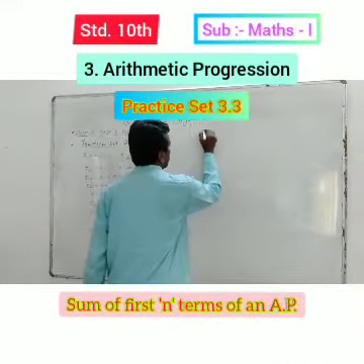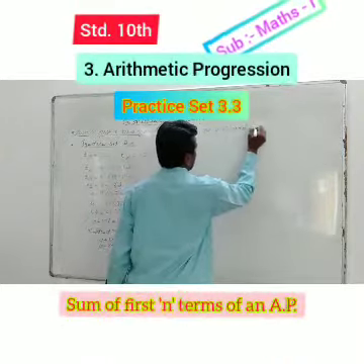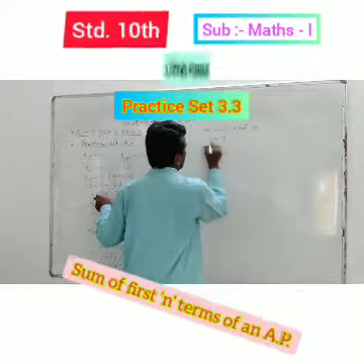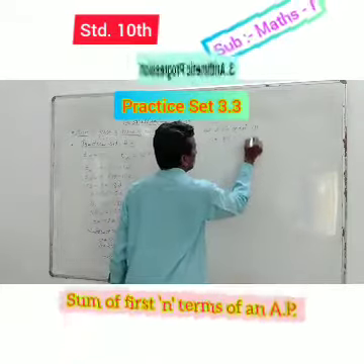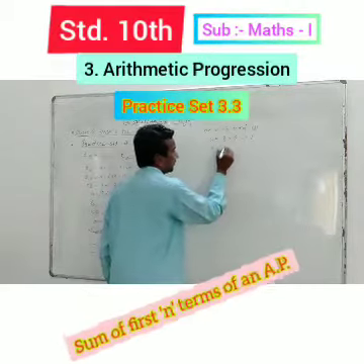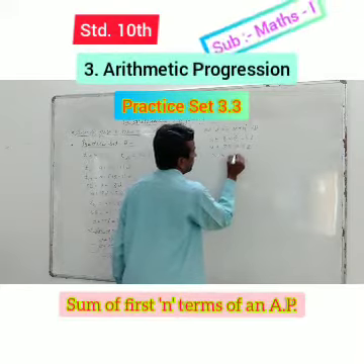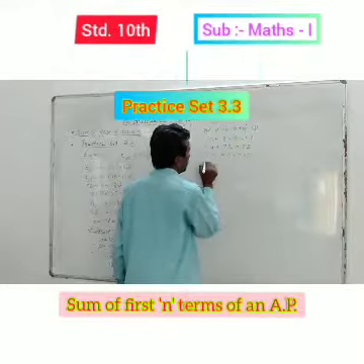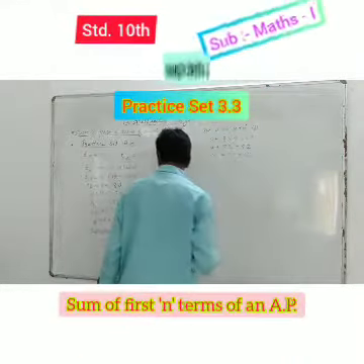Now put d is equal to 4 in equation 1: a plus 18d, 18 into 4, is equal to 52. Therefore, a plus 18 4s are 72 equal to 52. Now a is equal to 52 minus 72, since 72 goes to the RHS it becomes minus 72. Therefore, the value of a is minus 20.